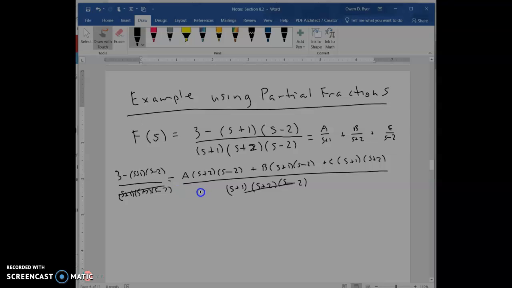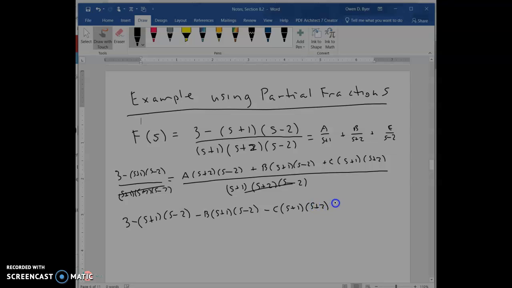Right. So if we want to solve for a, we can leave that on the right-hand side. And on the left-hand side, we get 3 minus (s+1)(s-2), and bring over the other ones, minus b times (s+1)(s-2), bring over the c times (s+1)(s+2).